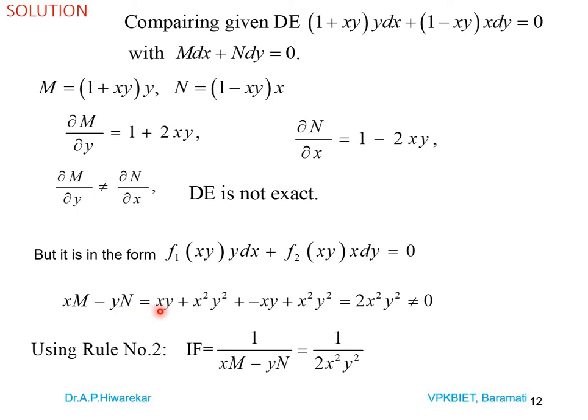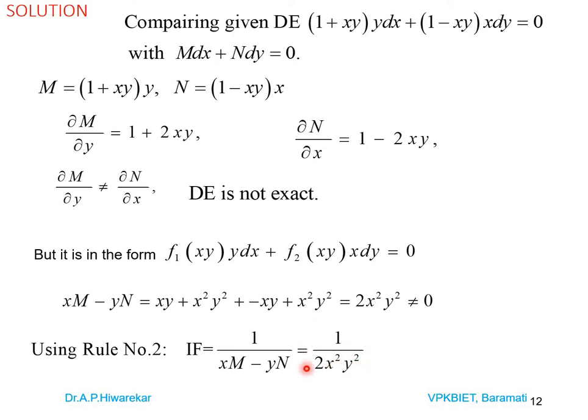So x(1 + xy)y gives xy + x²y², then minus y(1 − xy)x gives xy − x²y². So that xy and −xy get cancelled and we get 2x²y², which is not 0. So using rule number 2, the integrating factor is 1/(xM − yN), which is given by 1/(2x²y²).